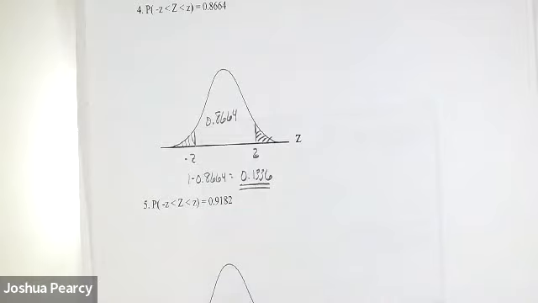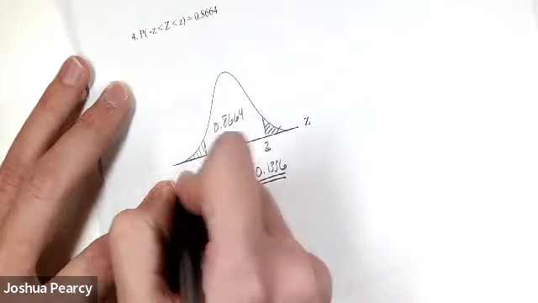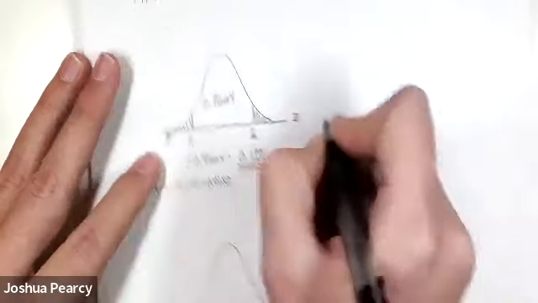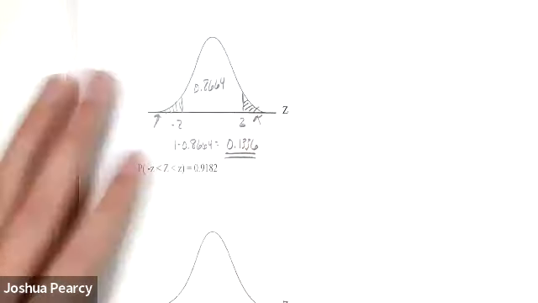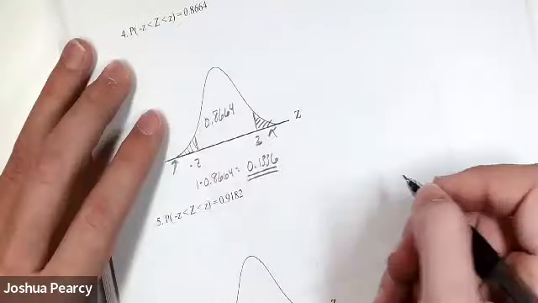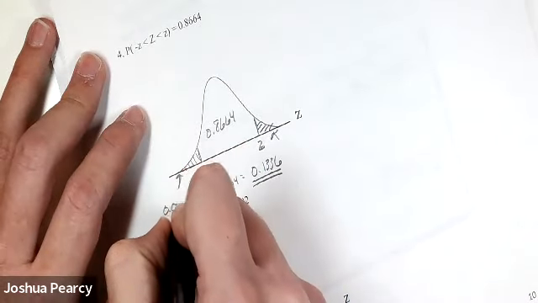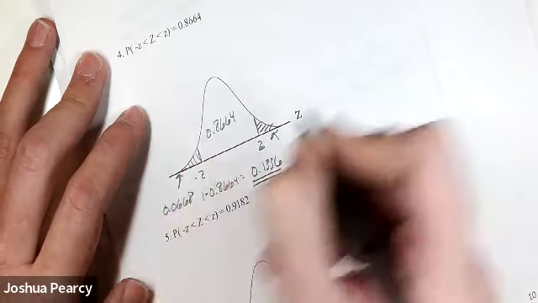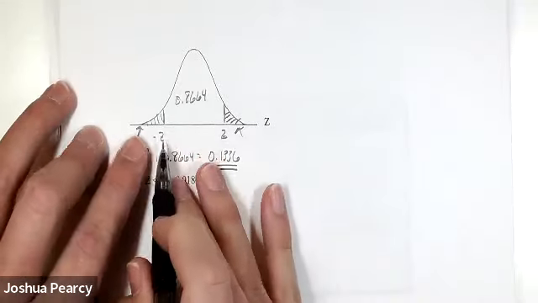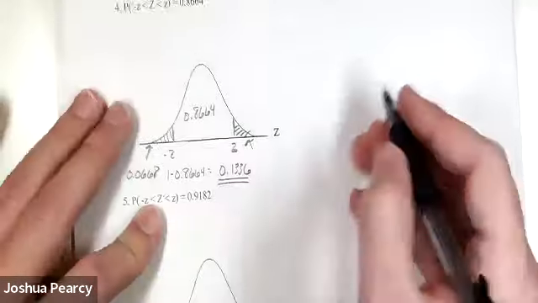Split that in half, and half of this area lies here and half lies there. Splitting in half gives 0.0668. That means the area to the left of this negative z-score is 0.0668.